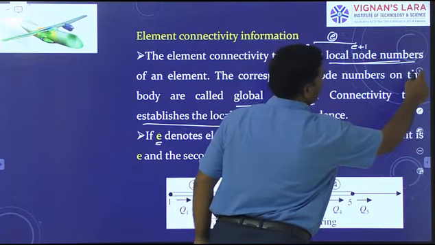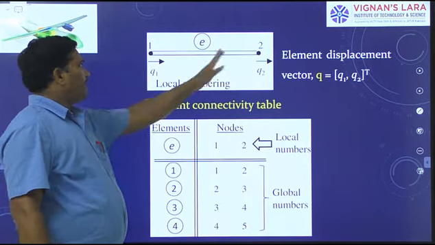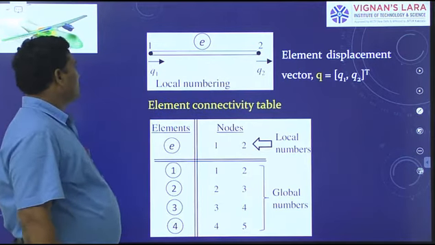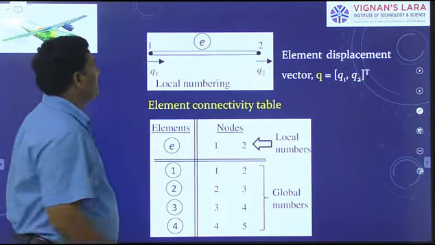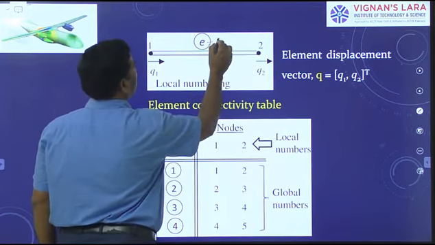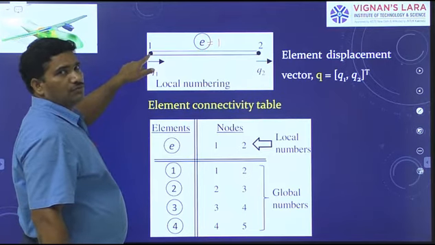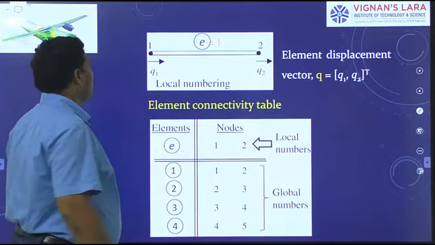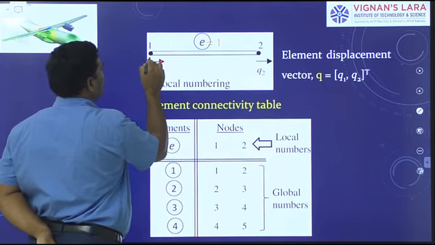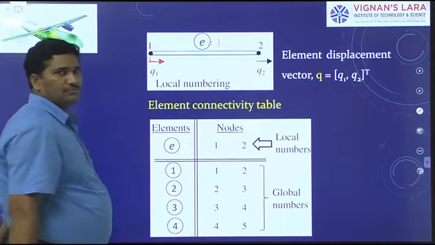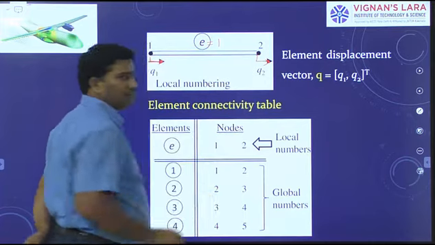Okay. Now, we have an element here. This element connects two nodes. If E equals 1, for the first element, what is the first node? 1. What is the second node? 2. The displacement of node 1 is say q1, and the displacement of node 2 is say q2.